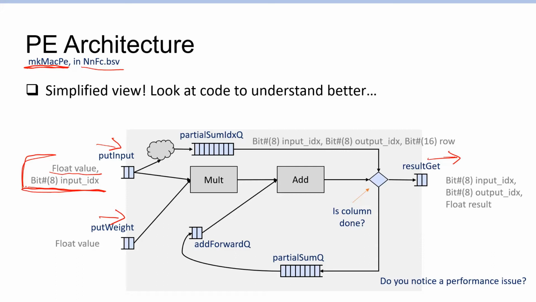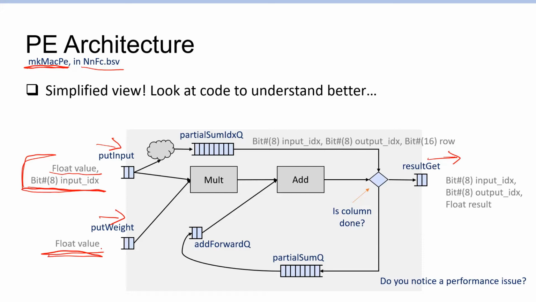So if we have 64 input values coming in, so 64 images, this input index will represent which image it is. The weight is just a float value. There's no index tied to it, so which location this weight comes from really depends on how the weight file is laid out in memory. And we'll get into that in a bit as well.